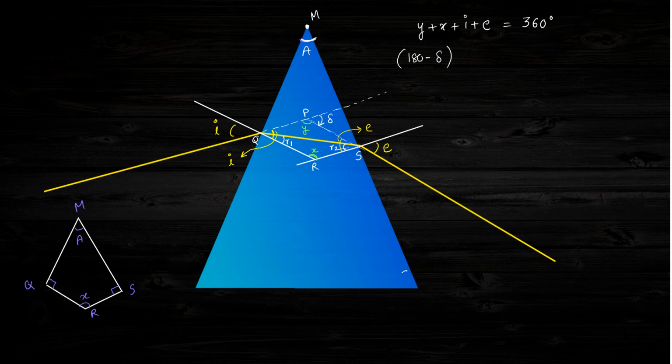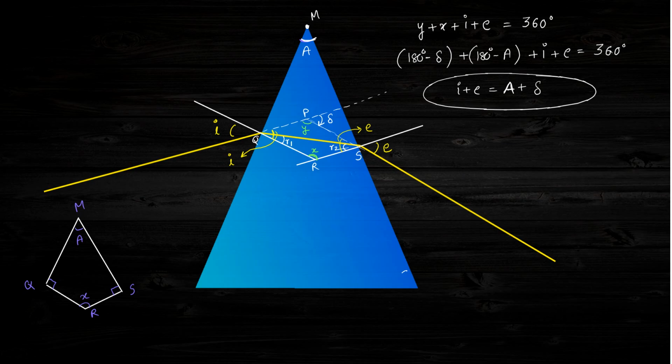A plus X is going to be 180 degrees as well, and hence X is going to be 180 minus A. So I can here write down X to be 180 minus A plus I plus E is equal to 360 degrees. So if you just simplify this equation, we'll get I plus E is equal to A plus delta. So this is one of the first equations of the prism that we need to know.